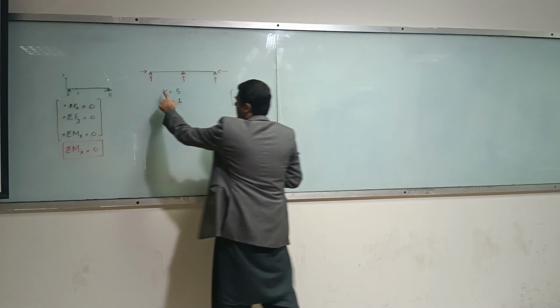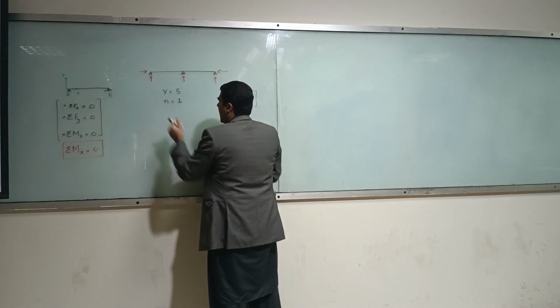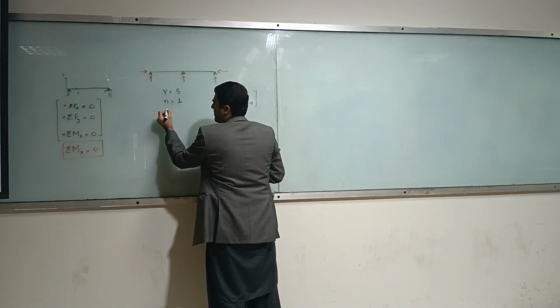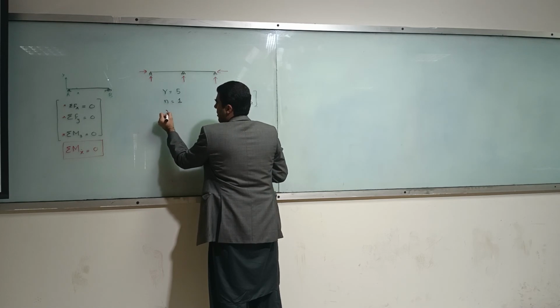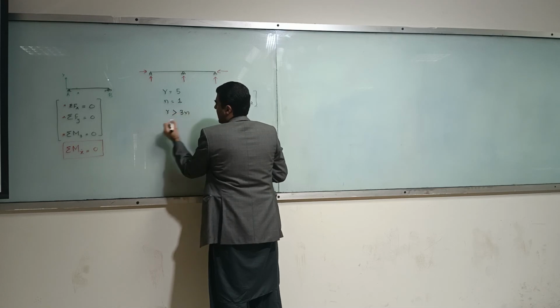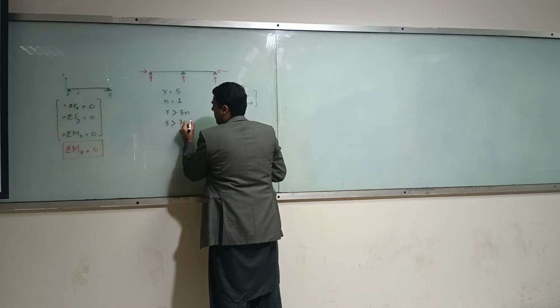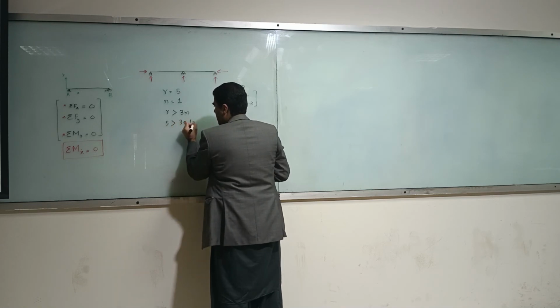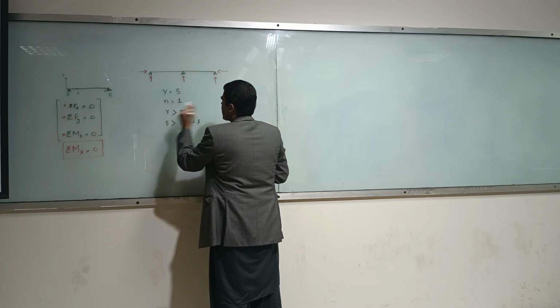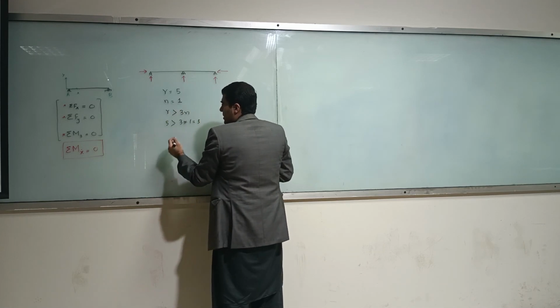Okay, so you have n is equal to 1 and r is equal to 5, and so your r is greater than 3n. r is 5, which is greater than 3 times 1, which is equal to 3. So it is indeterminate by 2 degree.